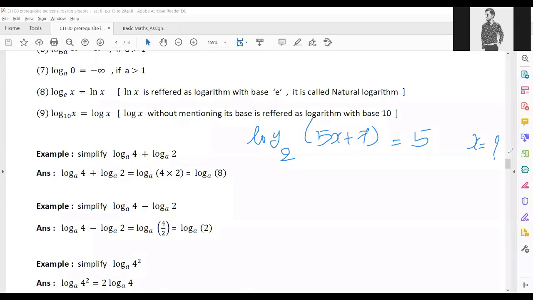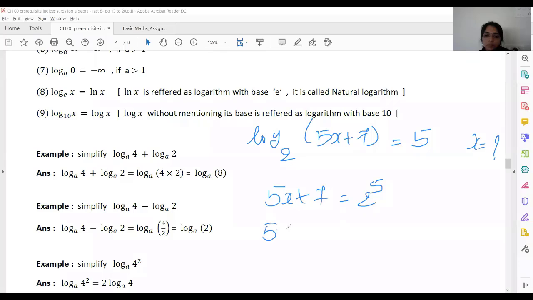Please check. X equal to 5. 2 raised to 5 is 32. 32 minus 7, 25. 5x is equal to 25. So your x is equal to 5.